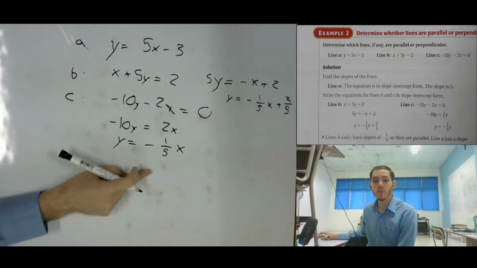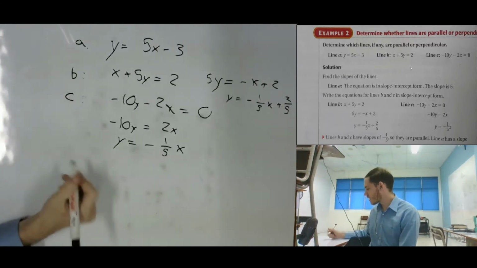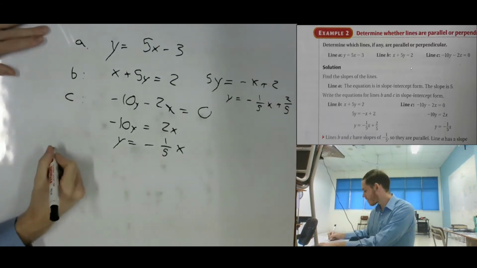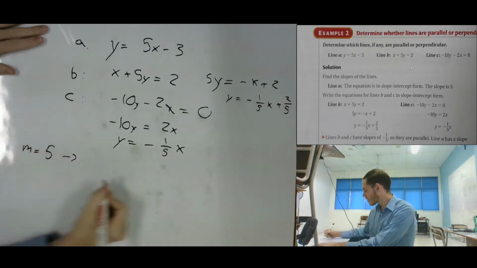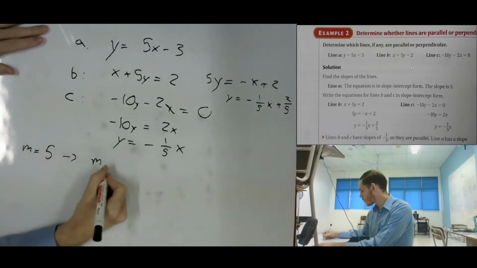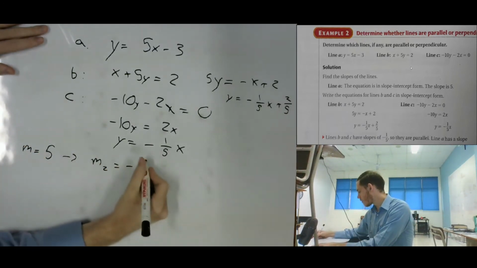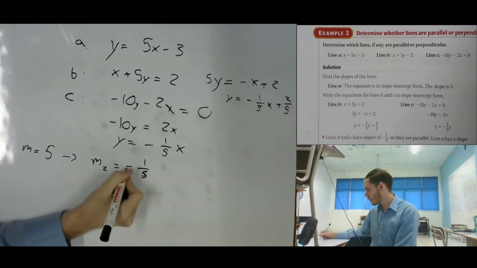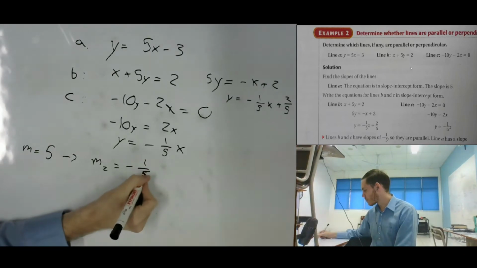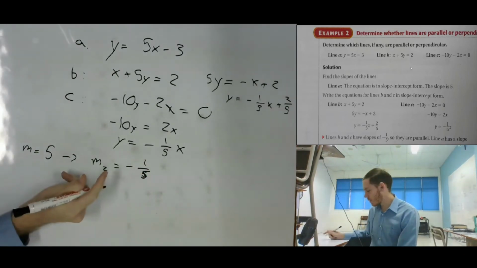So perpendicular. If you have a slope of 5, what's the perpendicular slope? If m equals 5, then m2 will equal negative 1 over 5. That's the negative reciprocal, right? We put a negative in and we flipped it. Which ones have this slope?